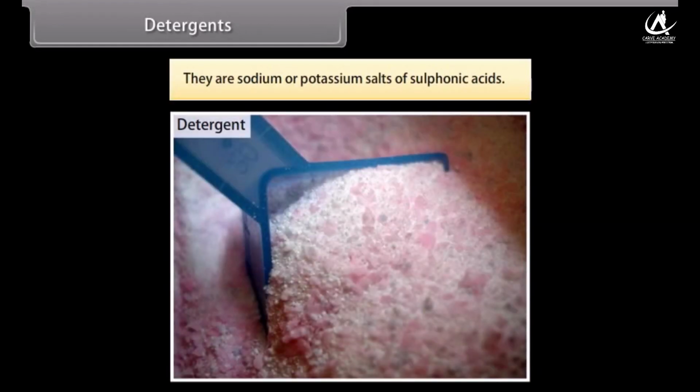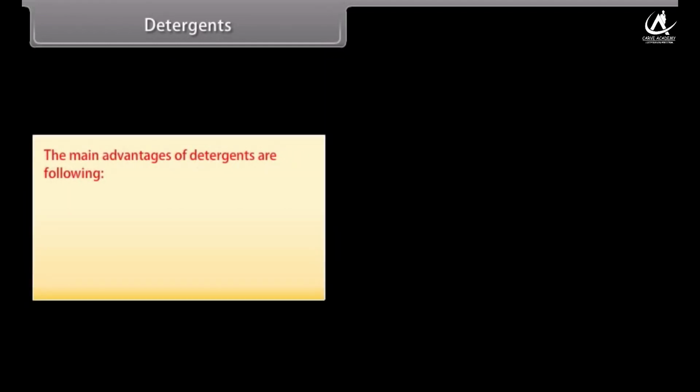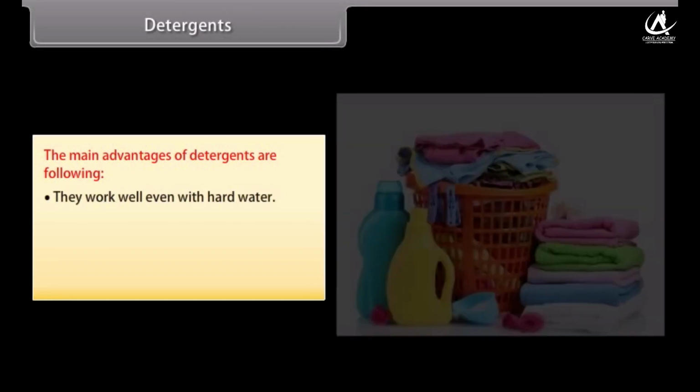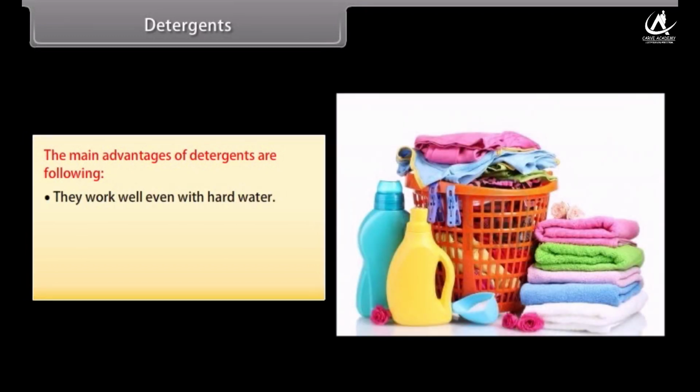Detergents. They are sodium or potassium salts of sulfonic acids. For example, sodium alkyl benzene sulfonate. The main advantages of the detergents are the following. They work well even with hard water. They are more effective than soaps.